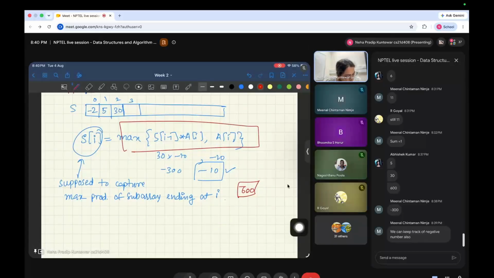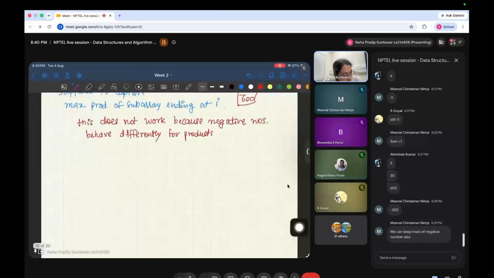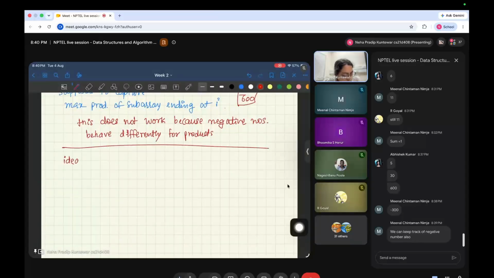So this does not work because negative numbers behave differently for products, right?